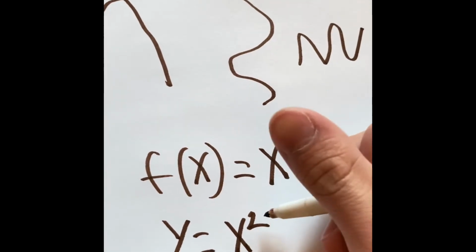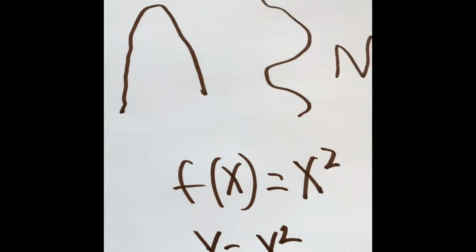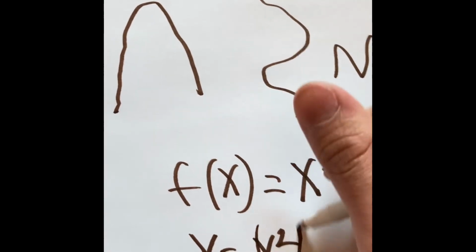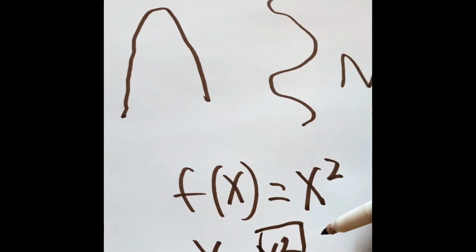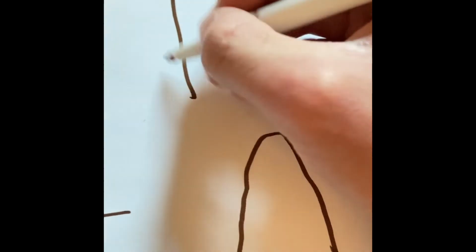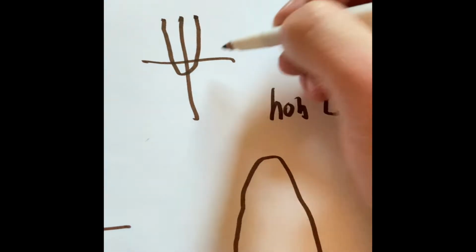Having an exponent is going to make a curve on a graph. And x squared is one of the most famous equations for making a curved line. So if this was the graph, x squared would look like this. This is the most famous curved equation.